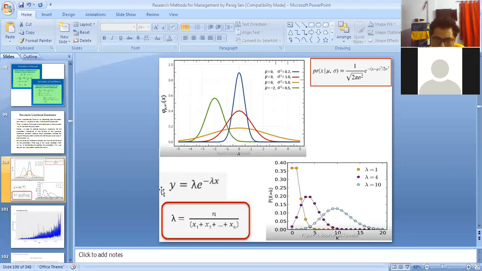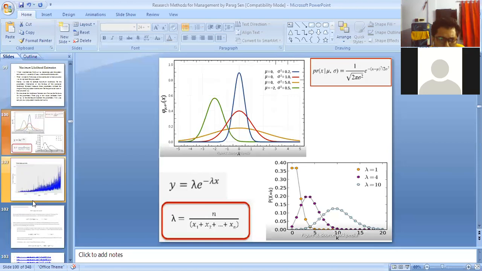If you can maximize this particular function, you will end up finding the value of lambda equal to n divided by x1 plus x2 plus ... xn. So by using this formula, you can determine the value of lambda.